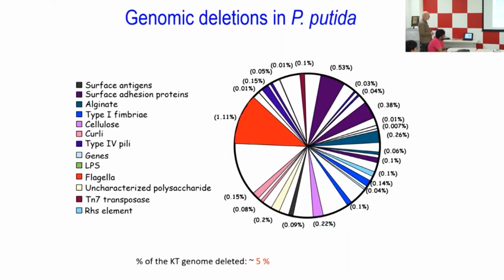By doing that, also, you remember the story that I told you a few days ago, you can get many different deletions in the genome of your favorite bacterium, in this case in Pseudomonas putida. It has been made massively in E. coli, and in Bacillus subtilis, for instance. And then at the end you may delete around 5% of the whole genomic contents.